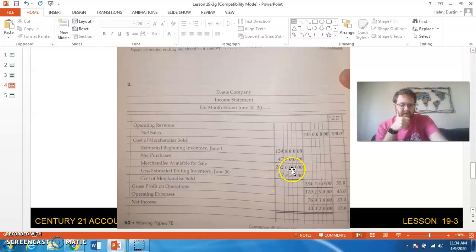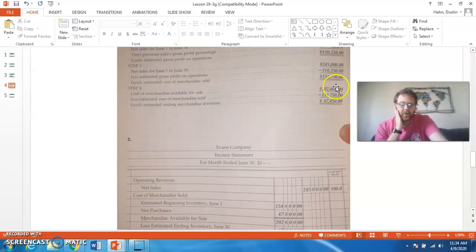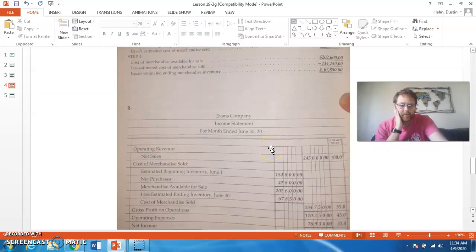So 202.6 minus your 67,850, that is where that 134 comes into play, which is also your estimated cost of merchandise sold. That is your cost of merchandise sold there.